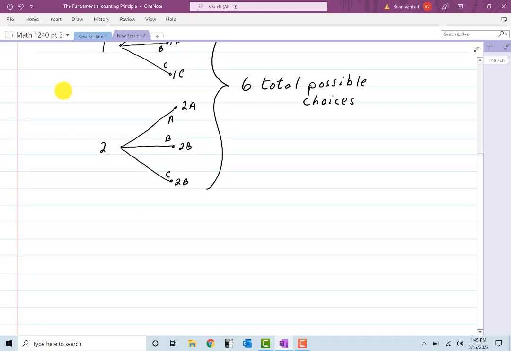So we've got 6 possible choices, and notice that 6 equals 2 times 3. The number 2 was 2 possible numbers, and that was followed by 3 possible letters.